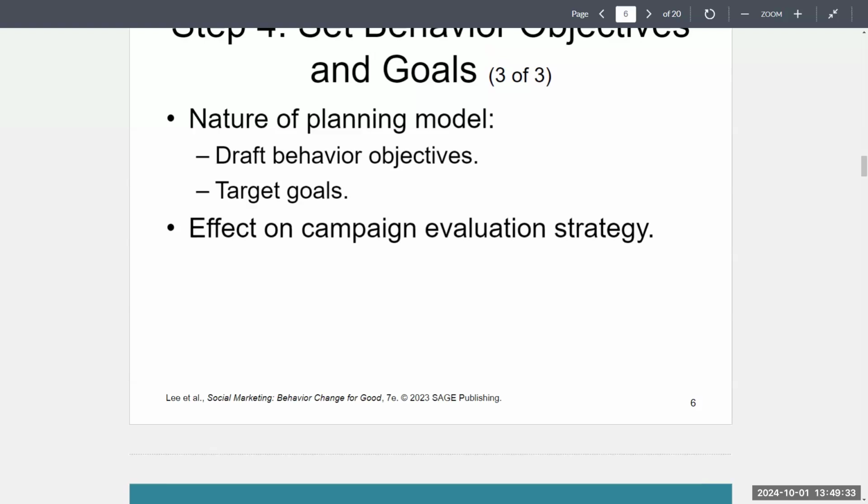So drafting behavioral objectives is the foundation of your campaign, and specifying the actions or behavior you aim to change with the target audience should be very clear. It should be, again, measurable, and it should be in line with your overall goal. And you should also look at the impact on evaluation that it would have. A clear and measurable goal provides a basis for evaluation of the success of your campaign.